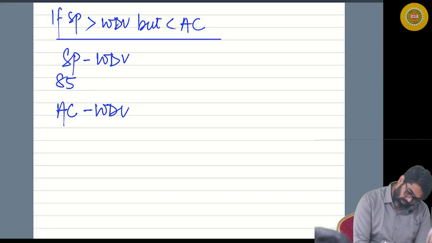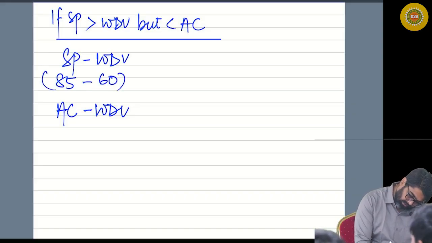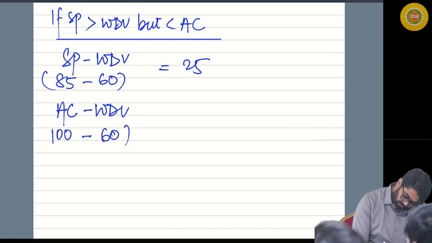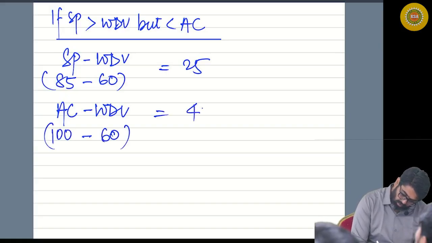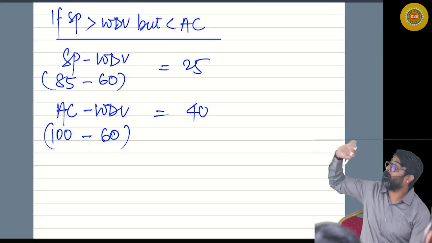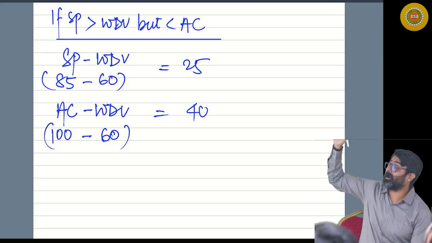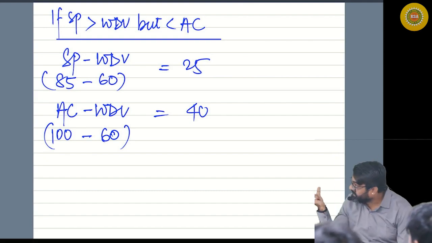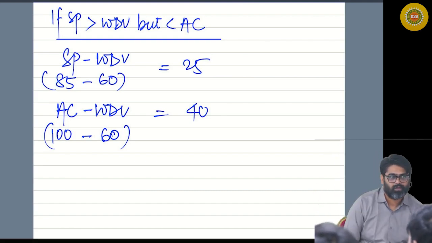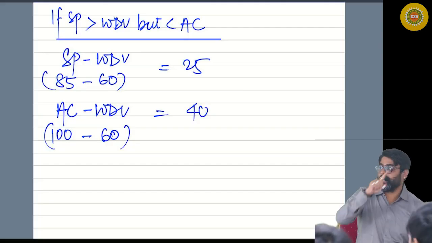What was your WDV? 60. 85 minus 60 will give you 25. Actual cost was 100, WDV was 60. This is going to give you the amount of depreciation. So any recovery over and above WDV, to the extent of depreciation, will be treated as your balancing charge, deemed PGBP income.